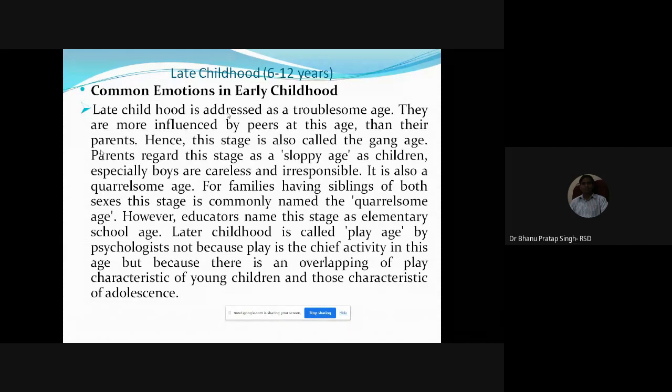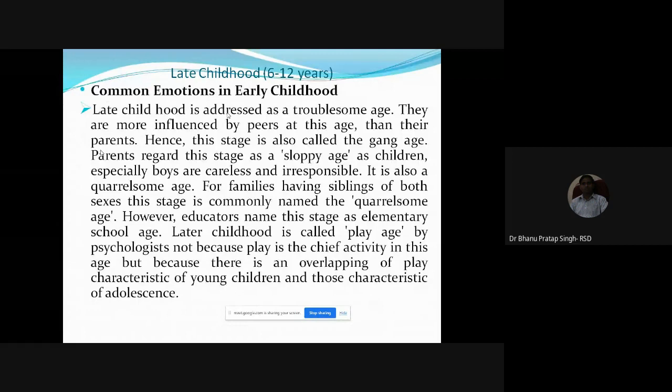This age is also called the play age by psychologists, because they have defined through various theories that this is the age in which the child plays, and even learns through play. The child has more interest in play. So these are the common emotions involved in the young child.